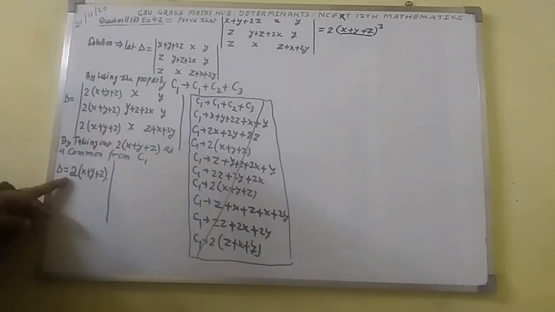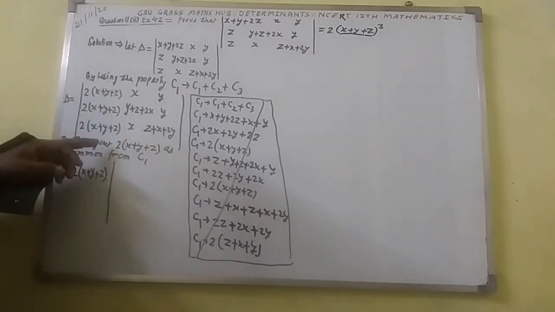Here I have taken 2 dot x plus y plus z as a common from the first column.